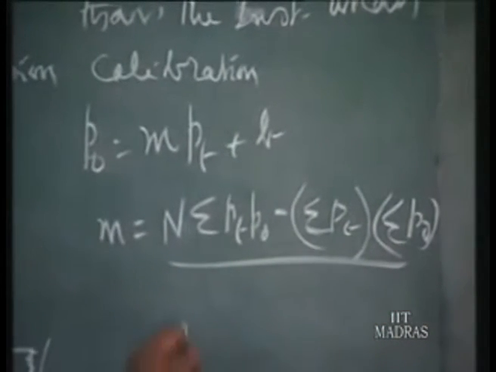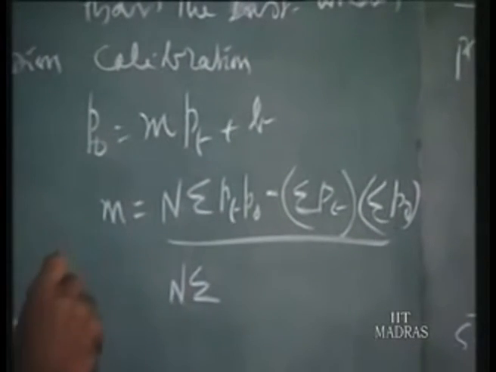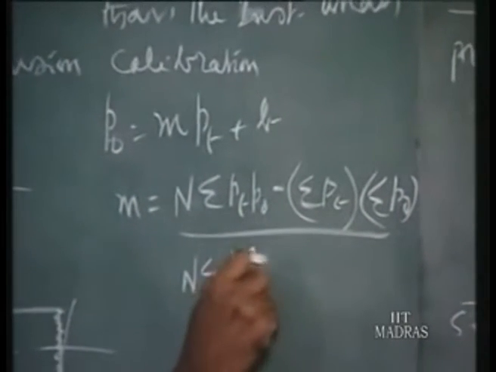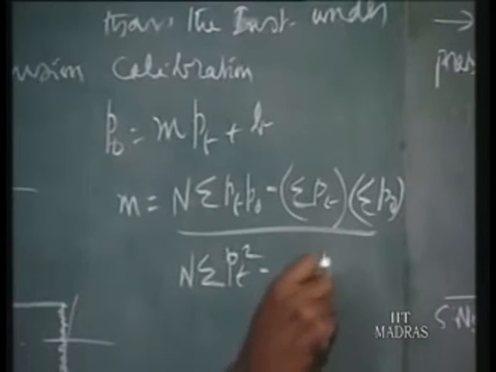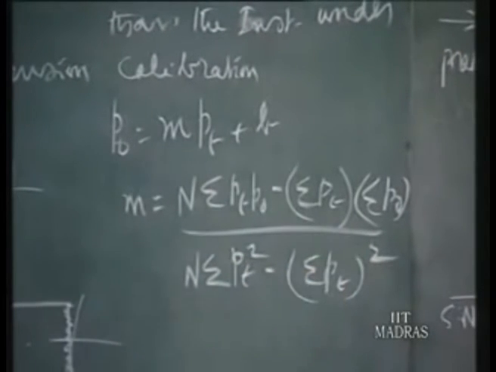divided by n sigma PT squared minus sigma PT the whole squared. This is m.